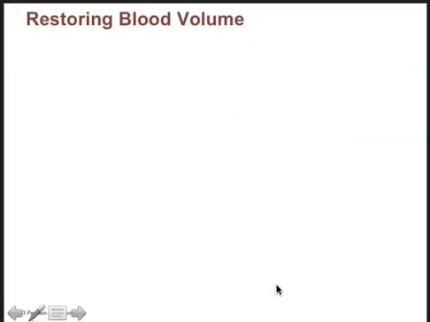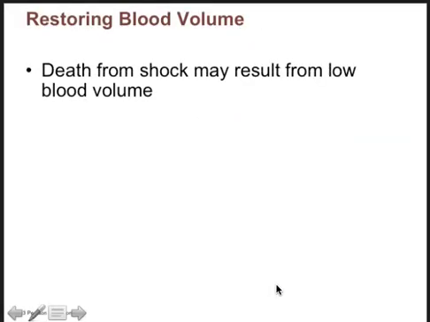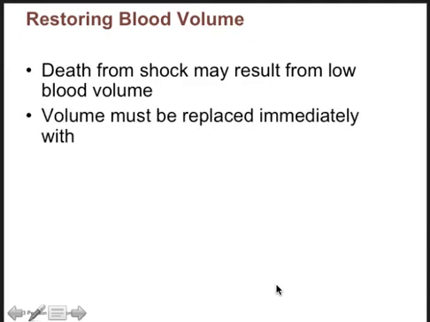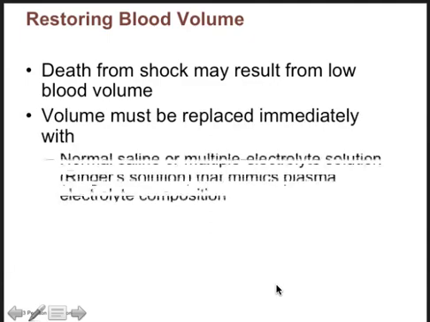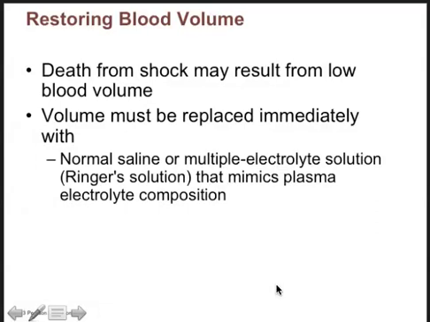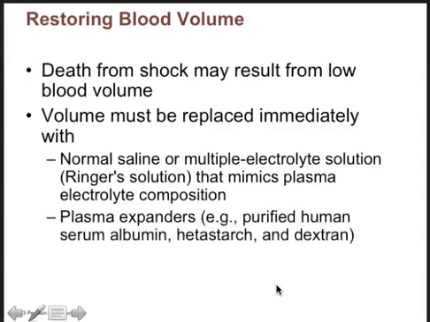All right. If we lose too much blood, we can die. Death from shock can result from low blood volume, and it must be replaced immediately with either normal saline or a multiple electrolyte solution known as Ringer solution that mimics the osmotic concentration of plasma as well as its electrolyte composition.